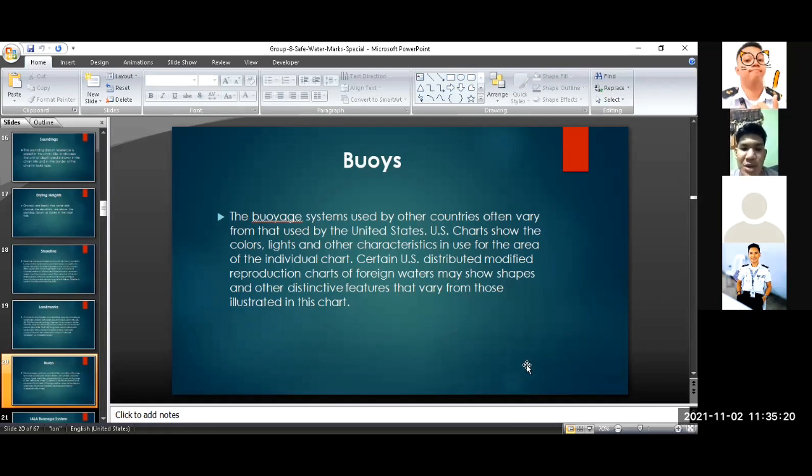So when we say buoys, it is a type of object that is shown near the port, or a light that is used for the area of individual charts. Next slide, please.